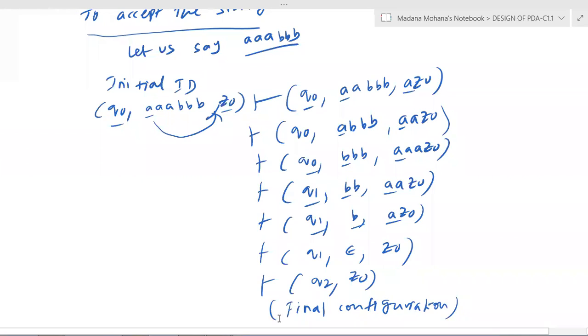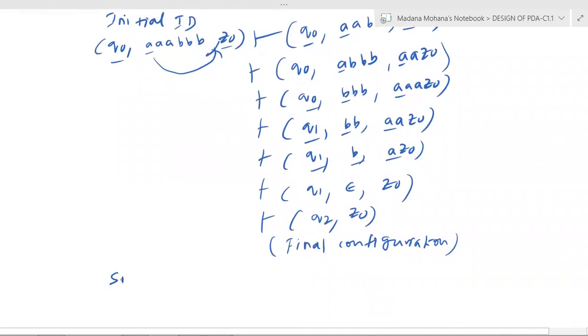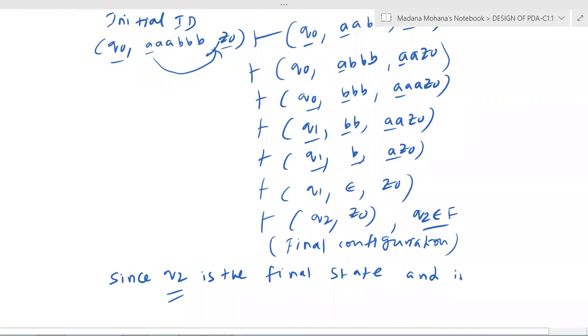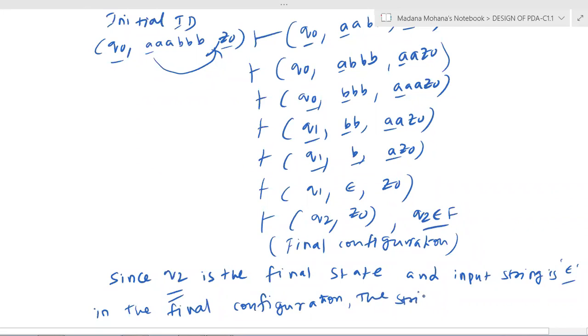So here, since Q2 is the final state, whatever state we obtained here, Q2 belongs to F. Since Q2 is the final state and the input string is null in the final configuration, the string is accepted.